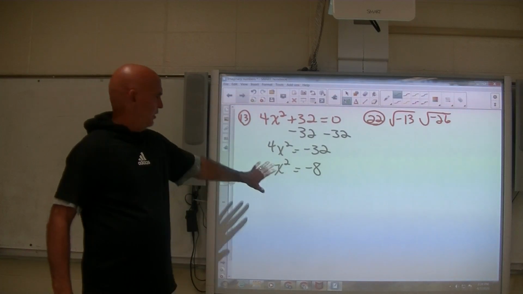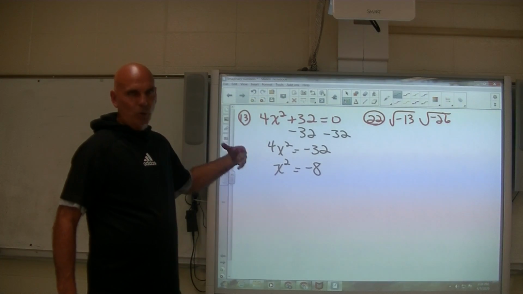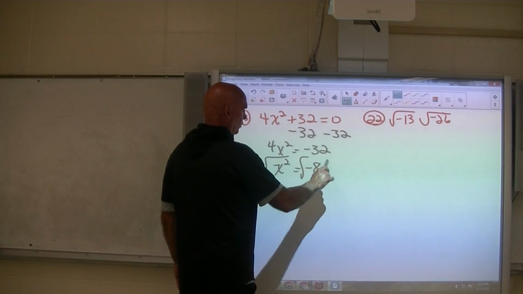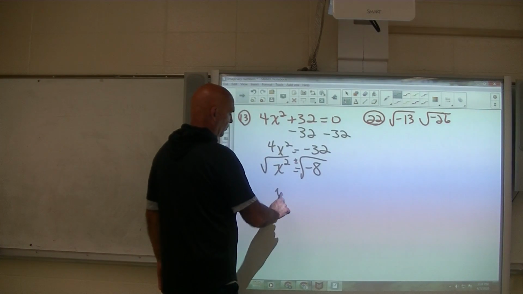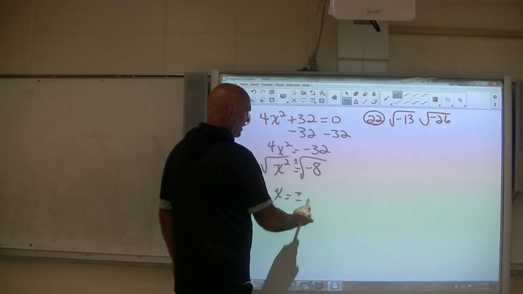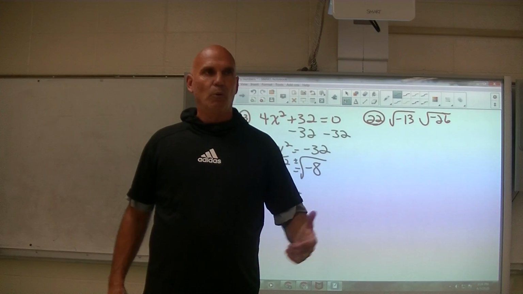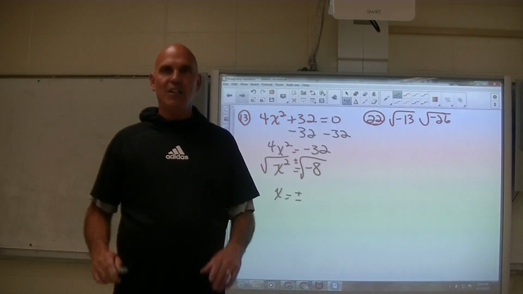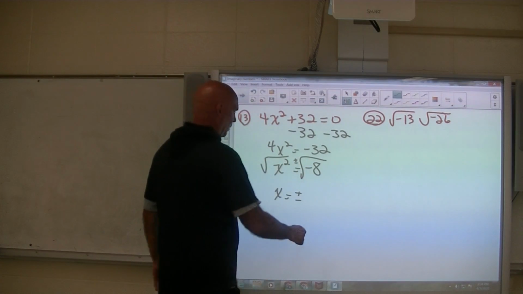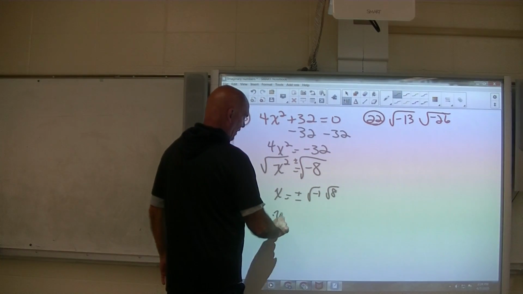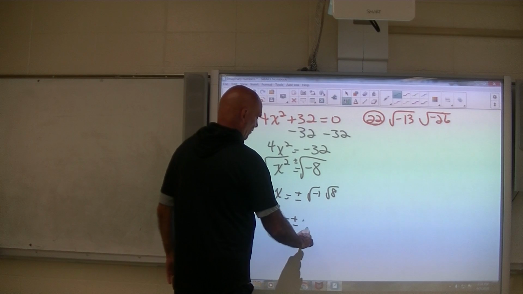To undo what's happening when x is being squared, take the square root of both sides, and you do take plus or minus the square root of the other side. So x is equal to plus or minus the square root of negative 8. A couple weeks ago we would have said you can't take the square root of negative 8. Now you know you can. Break it up into the square root of negative 1 times the square root of 8, or i times the square root of 8.